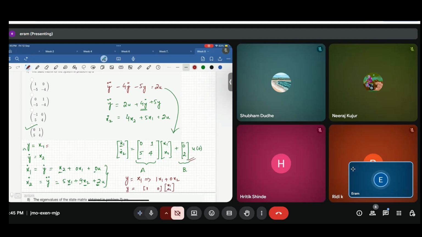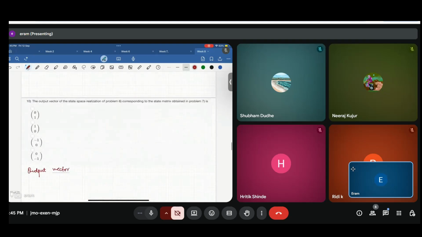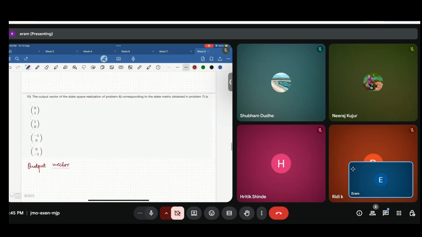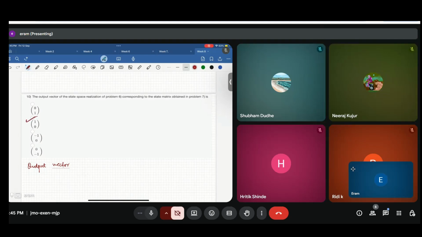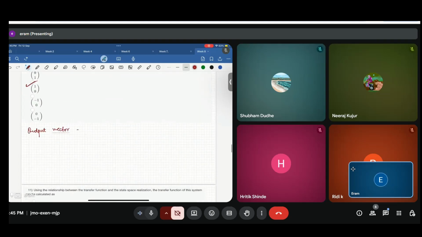Can I write y like this? Yes, ma'am. So what is your output vector now? Second option, 1 0. Yes.